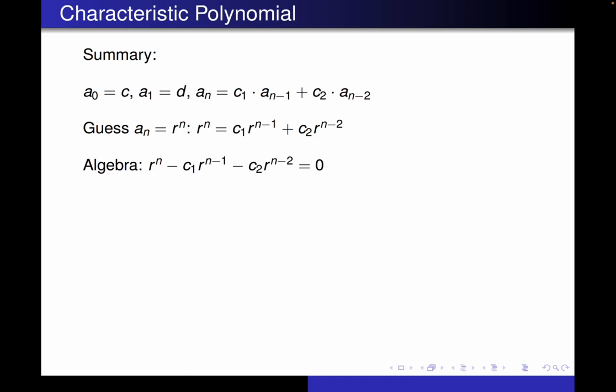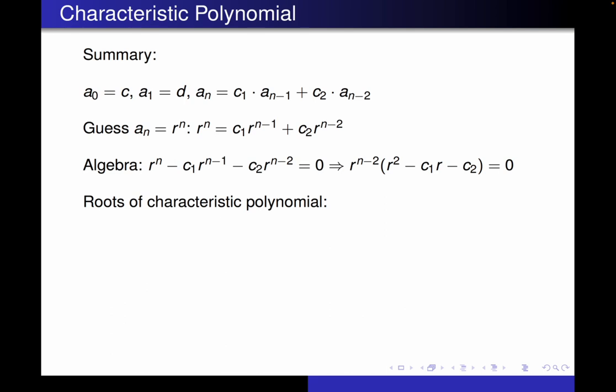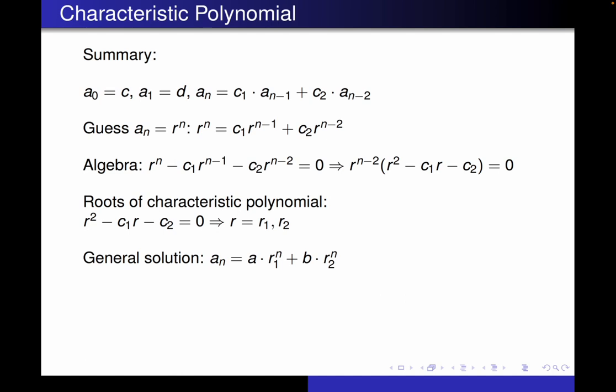We bring everything over, factor out everything that we can, and whatever remains, that characteristic polynomial, r squared minus c1 r minus c2, we figure out the roots. We figure out what happens when we set that equal to 0. So we take that equation, we factor it to get two values, r1 and r2, whatever those are. Our general solution that satisfies the recursive formula is a times r1 to the n plus b times r2 to the n.